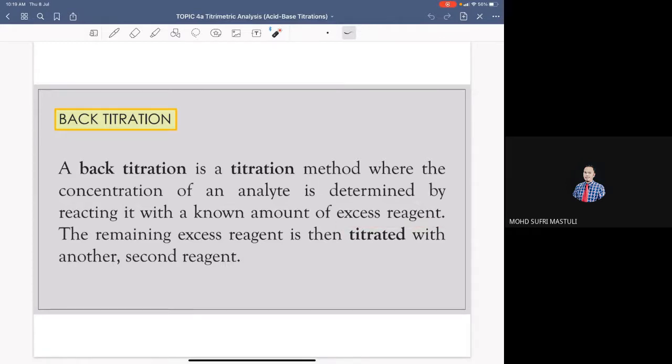The remaining excess reagent is then titrated with another second reagent. So the keywords for back titration are excess reagent, and a second titration using another second reagent.